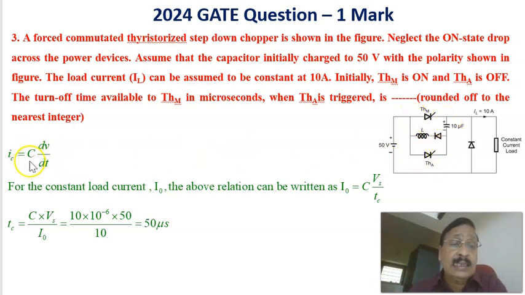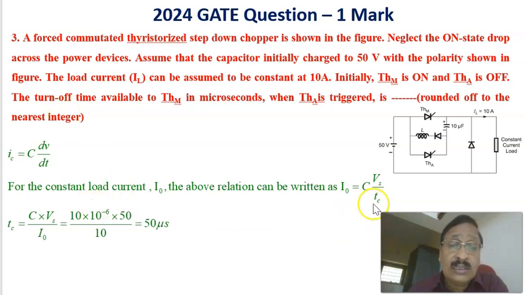And the current equation is I equal to C dV by dt, for the constant load current, because even when this is switched off, it's supplying a constant load current. For a constant load current I0, the relation is I0 equal to C into Vs divided by Tc, where Tc is the turn off time.